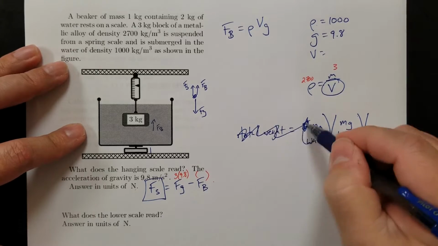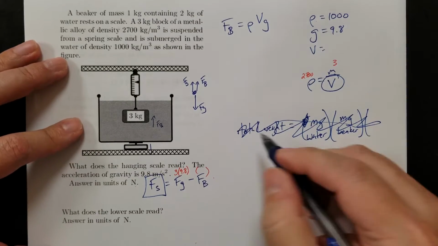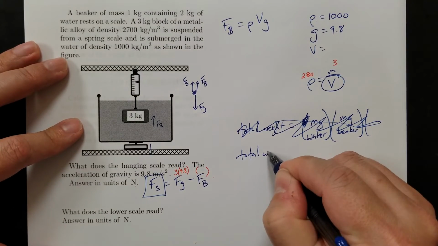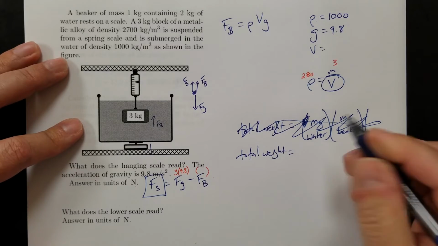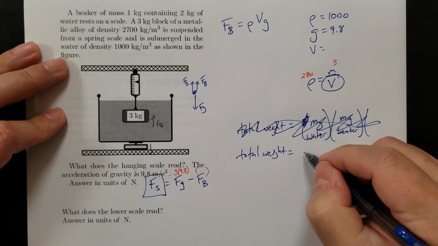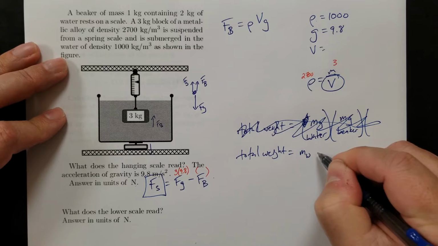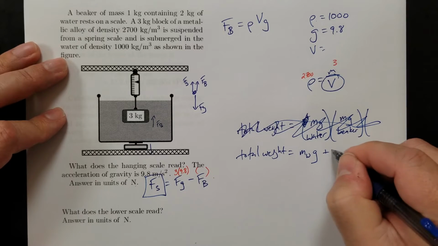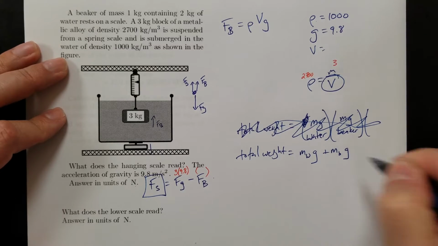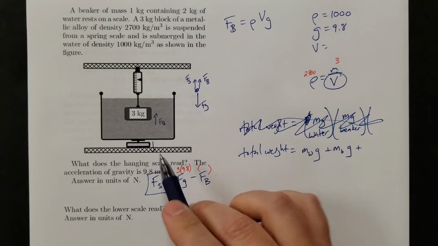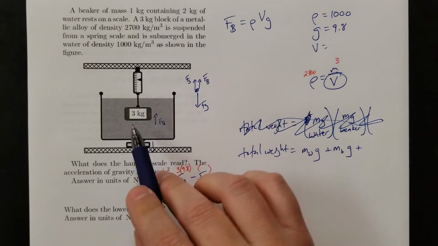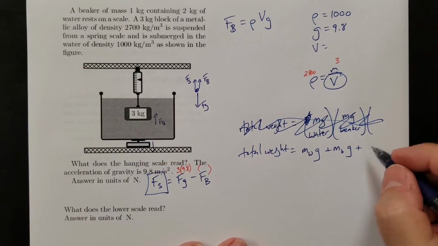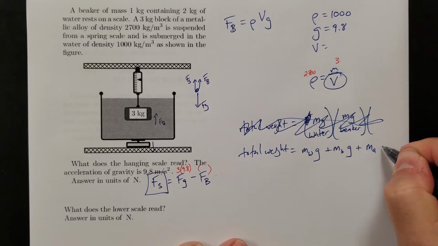And, well, I should be adding these, right? So let's make this look a little better. So the total weight is going to be the mass of the water times g plus the mass of the beaker times g plus, what else is there? There's the mass of the water, there's the mass of the beaker, the mass of the alloy, that 3 kilogram thing. So the mass of the alloy times g.